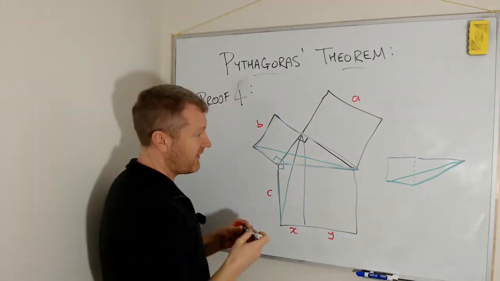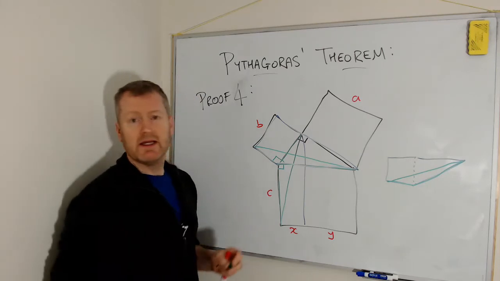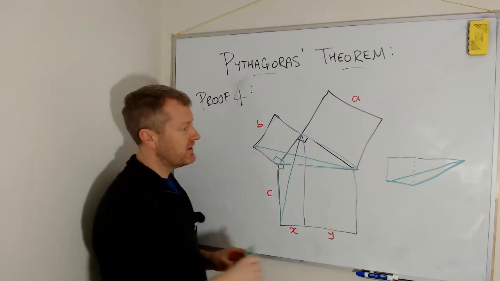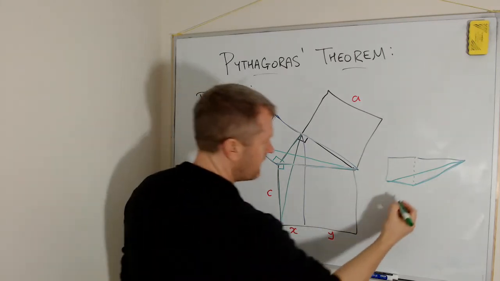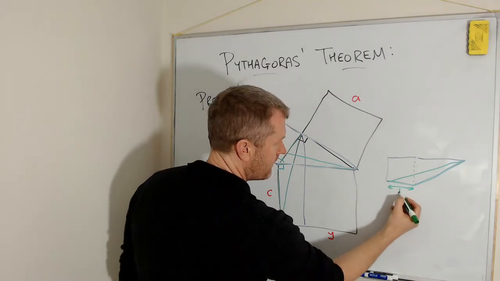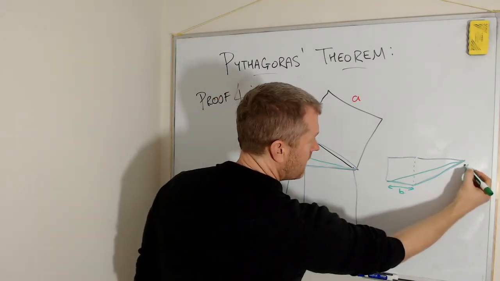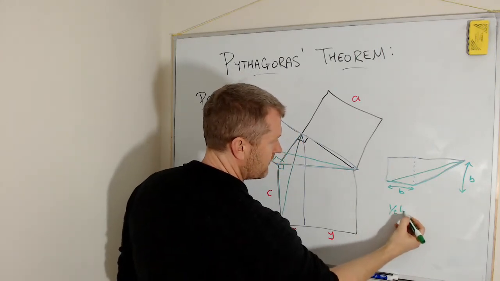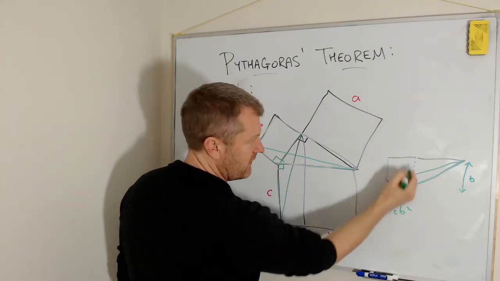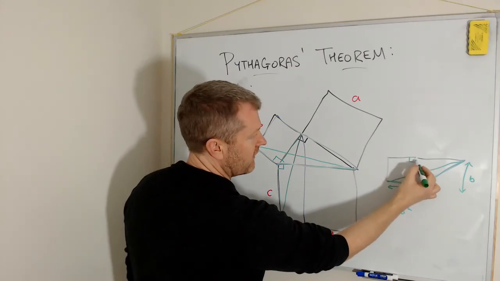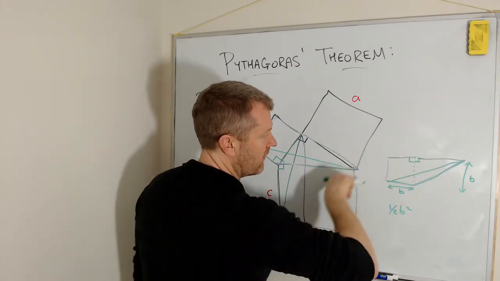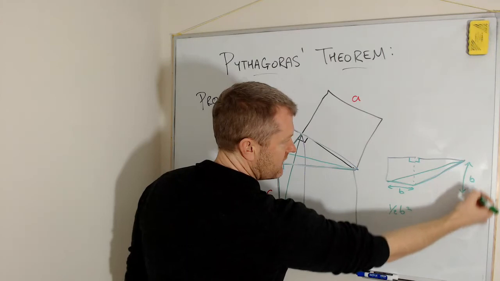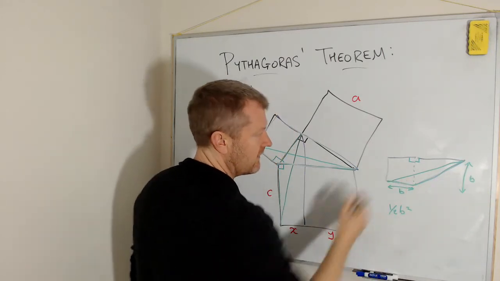So the area of that triangle is half base times height. Any triangle is half base times height. It's got base b, height b, therefore its area is half b squared. Okay, because this square was b. Now I'm using the fact that two right angles make a straight line as well there, so they're parallel lines, so we know this height here is the same as this height here.